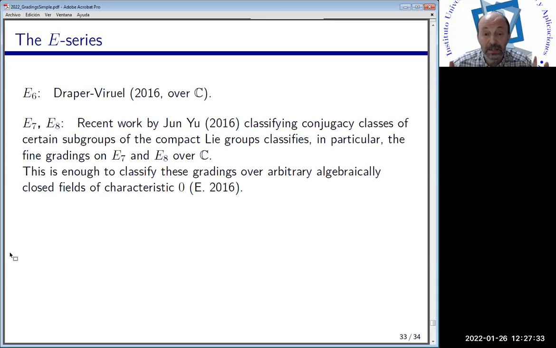An interesting thing is that in each case, there are exactly 17 fine gradings. Some of them come in families, so the same construction gives a fine grading for E6, E7, and E8. But some of them are completely different for E6, for E7, or for E8. And even so, the number of fine gradings is the same and there is no clear regularity.